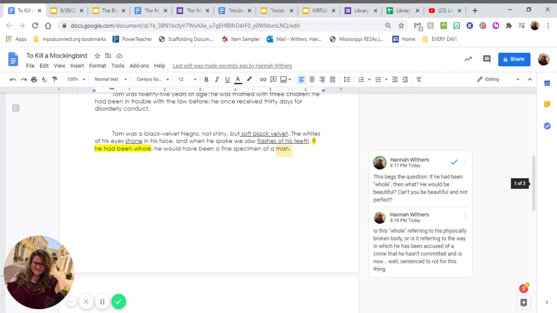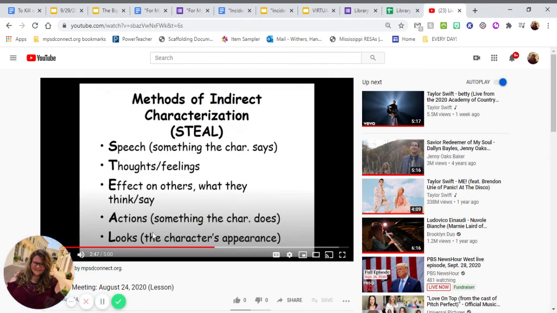Because we can learn about a character from the effect they have on others, what they think or say, right? Those are things we can learn from. So that is your goal as you're reading this. You are searching for character traits of these characters.